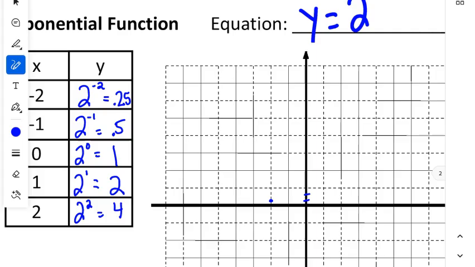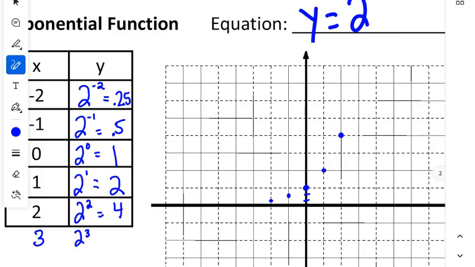So halfway would be here, and you'd go halfway between halfway. So it's right there. Okay, and then the next one, negative 1.5, so that is the halfway. 0 is at 1. 1 is at 2. 2 is at 4.